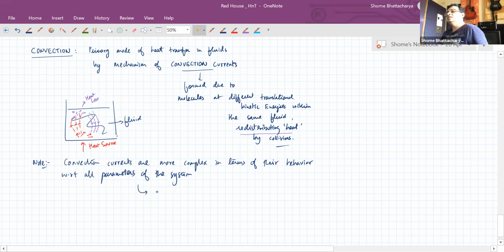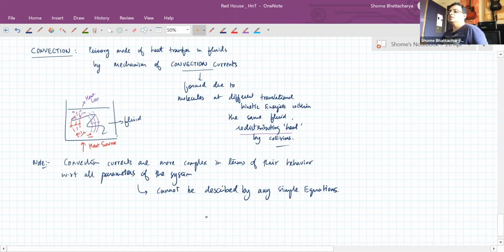So the net result is they cannot be described by any simple equations, like the equation for heat conduction.